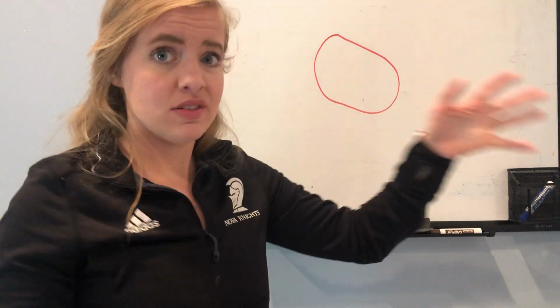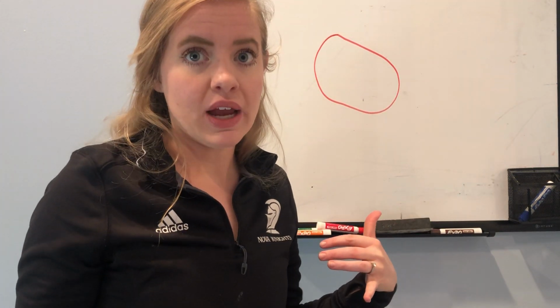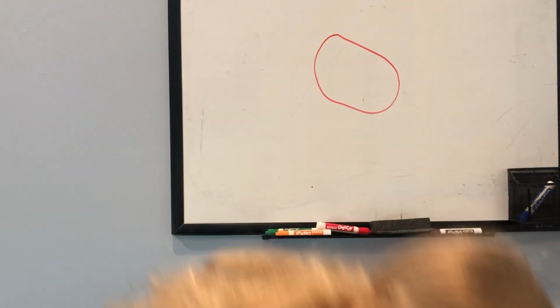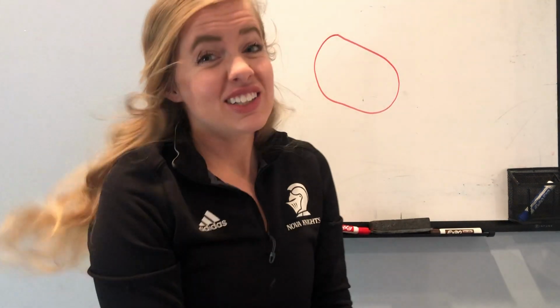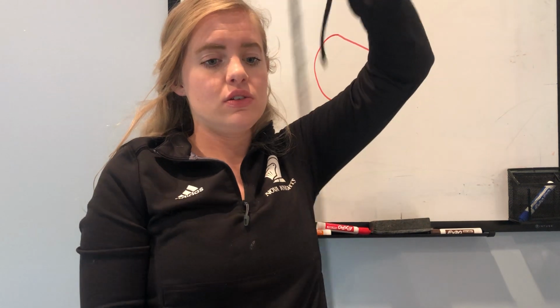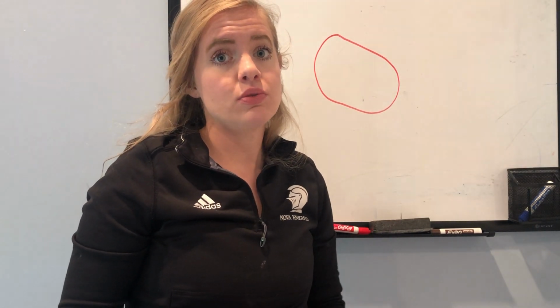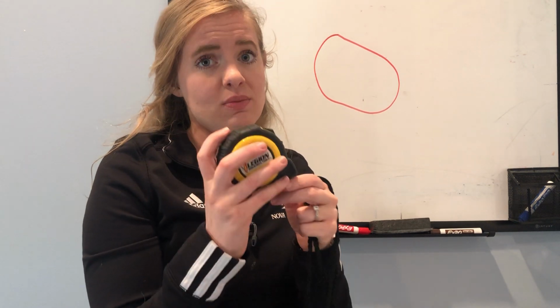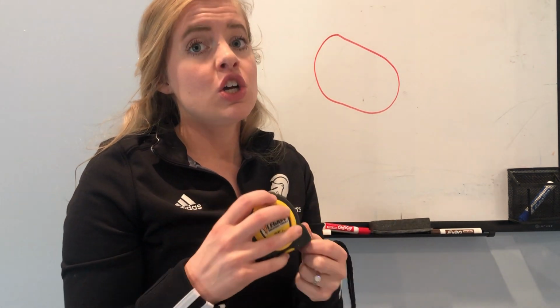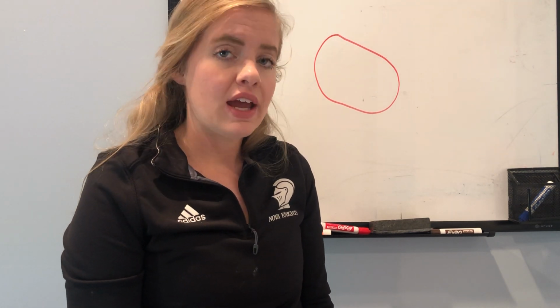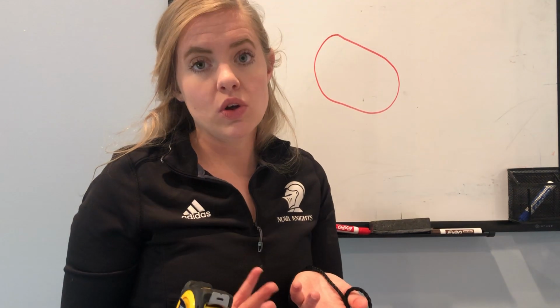This is like a bean shape. We know it's not a polygon because it doesn't have all straight sides. So you're going to have to get a little creative at home. I had to find some rope, and then you're going to need a measuring tool as well. I have my husband's tape measure. It's not going to be perfect, but it's okay because we're just looking for the general perimeter of these shapes.